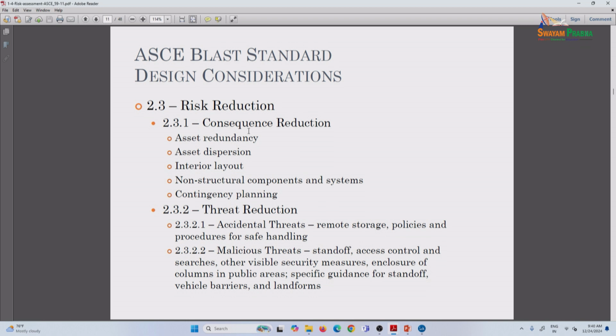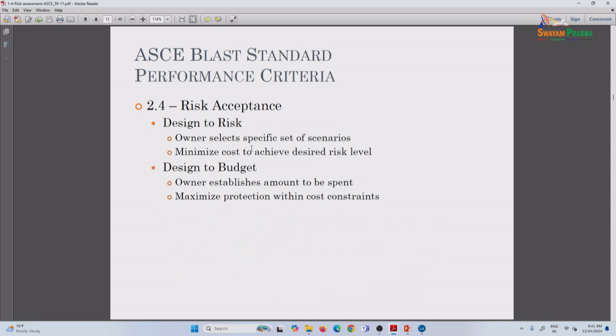If you want to bring that risk level from 0.2 to 0.1, then the consequence, threat and vulnerability reduction is a big aspect of it. How can I change anything to reduce those numbers? That's the strategy you should adopt if you are using the risk analysis procedures, apart from coming up with a design basis threat.